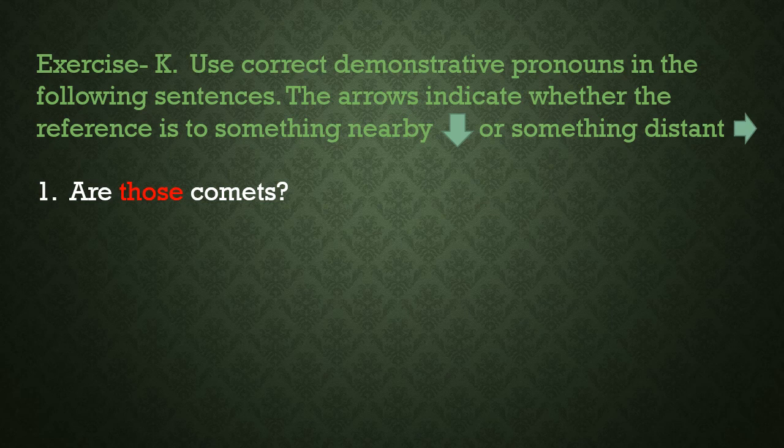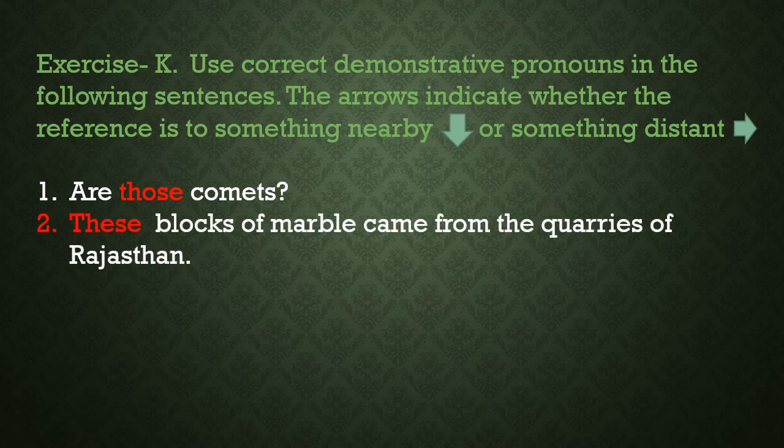Well, number 2, these blocks of marble came from the quarries of Rajasthan. And you know why I have used these here? Very good, because the arrow shown here is in the downward direction. Yes, so we will write these, as I have explained, the arrow that depicts downward is for the nearby and that towards the right is for the distant objects, right?